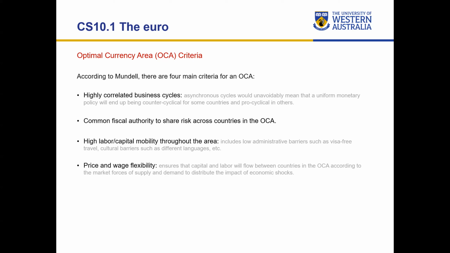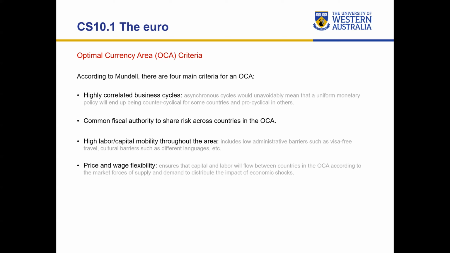High labour and capital mobility throughout the area. What does that mean? That means that both labour and capital, and when I say capital, I'm thinking machinery, trucks, tractors, that sort of thing, as well as all other capital equipment.